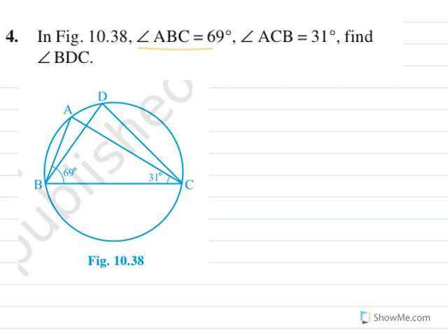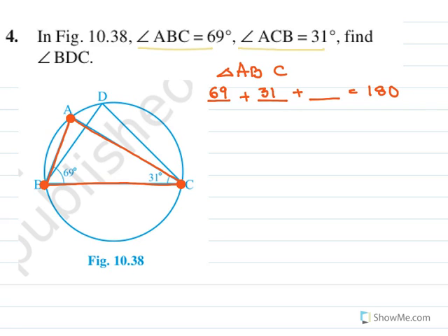ABC equal to 69 and ACB is 31. Find BDC. So we start with triangle ABC. Now this is triangle ABC. And in triangle ABC, we have three angles, 180, that is 69 plus 31 plus A equal to 180.